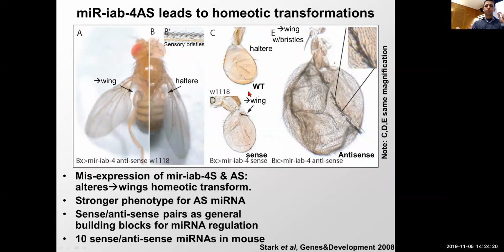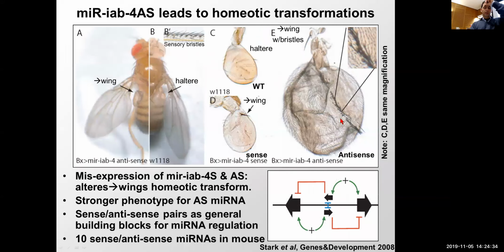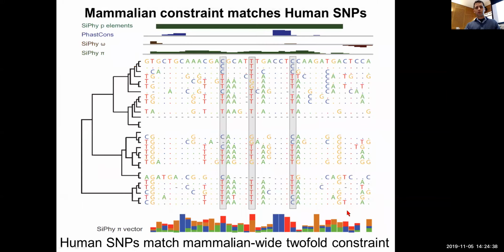By changing the expression of one of those microRNAs, we were able to change a whole organ of these flies from these flight balancing organs to actually a wing, which is quite remarkable developmentally. And this is thanks to this switch that is implemented by these sense-antisense microRNAs.